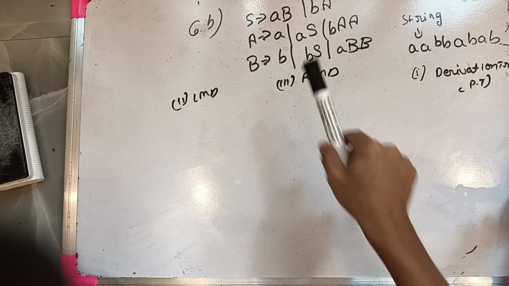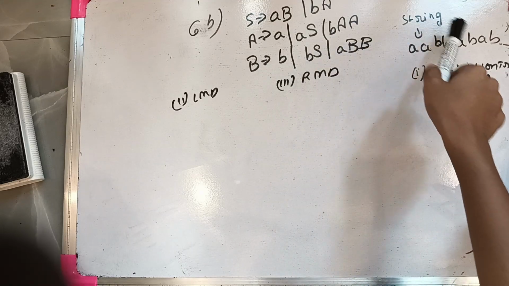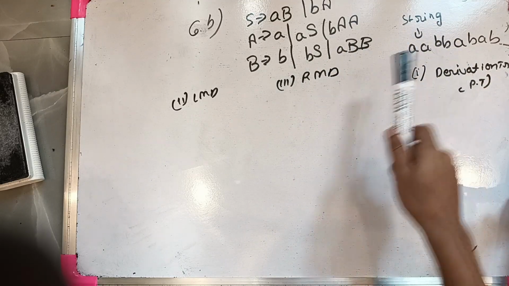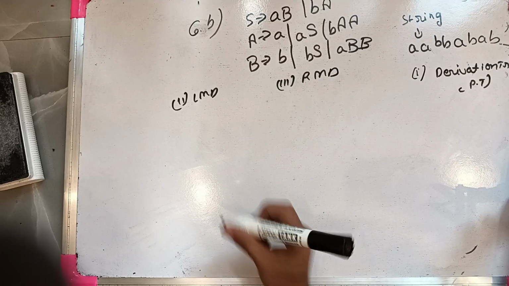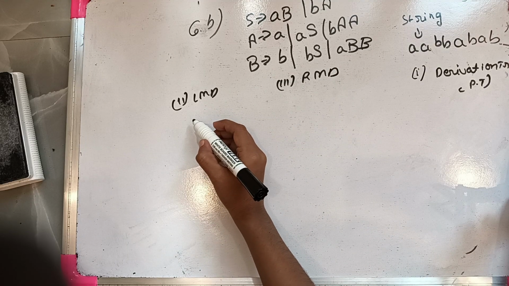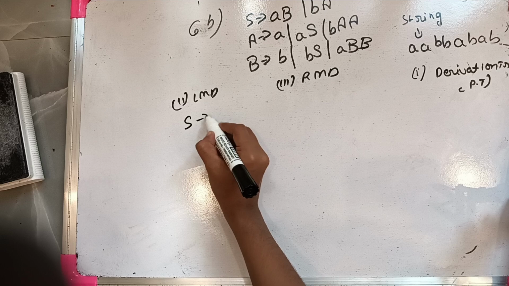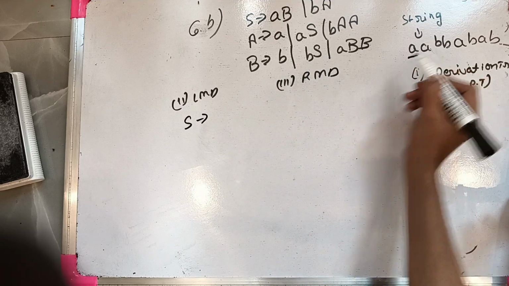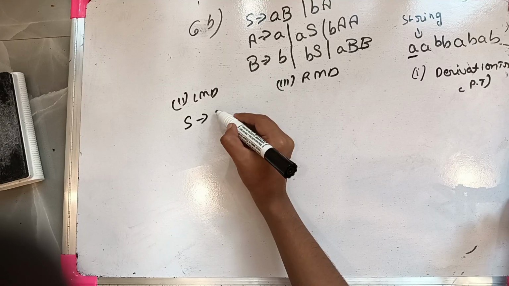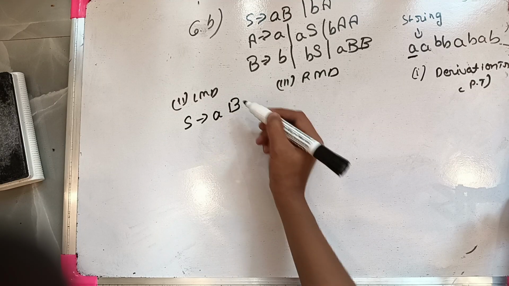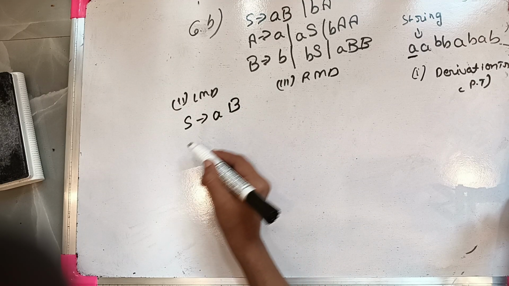Next question: for this grammar, using this string we need to find a derivation tree, nothing but a parse tree, then LMD and RMD. Okay, first let's go for LMD. S gives AB, since I require A here, so I should start from AB. This is leftmost.